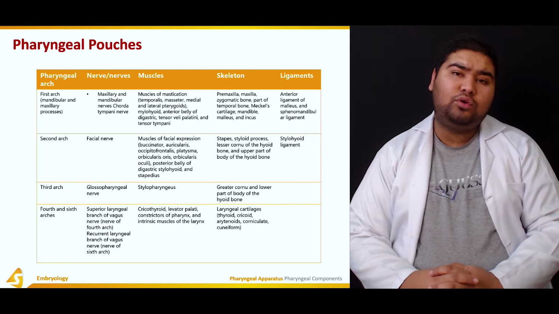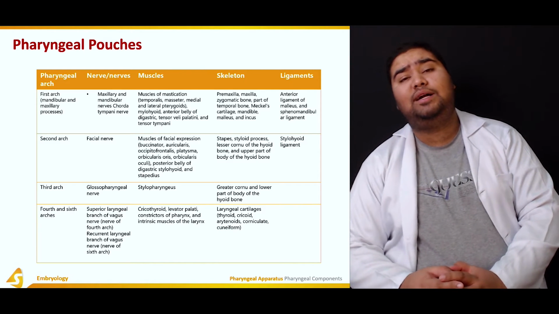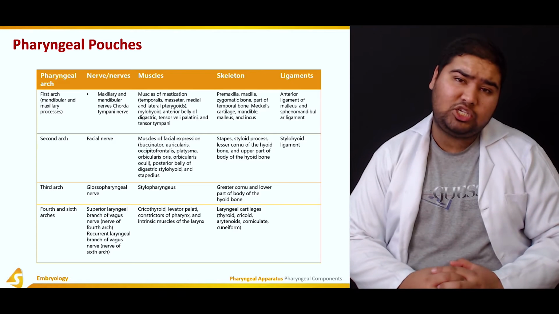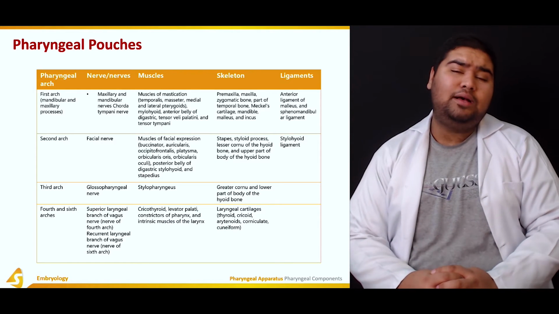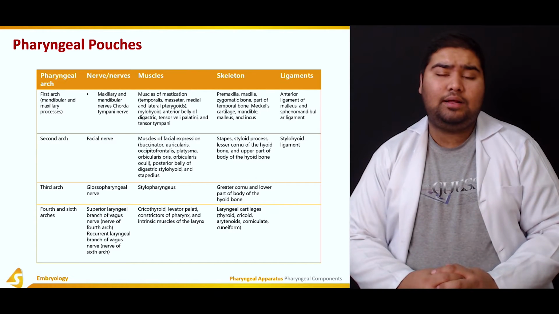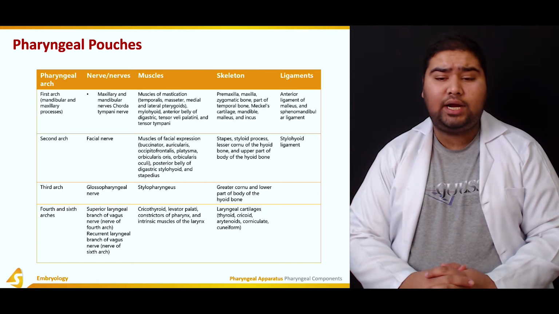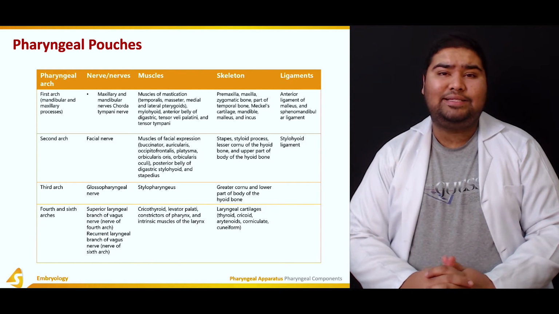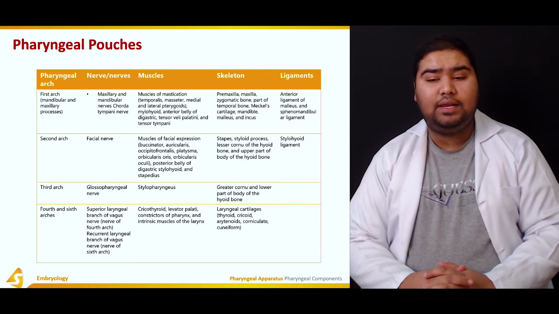Finally, we have the fourth and sixth arches. The nerves that are supplying the fourth and sixth arches are branches of the vagus nerve. Fourth is supplied by the superior laryngeal, and the sixth arch is supplied by the recurrent laryngeal nerve. The muscles that are given off by these arches are cricothyroid, the levator palati, and the constrictors of pharynx and the intrinsic muscles of the larynx.